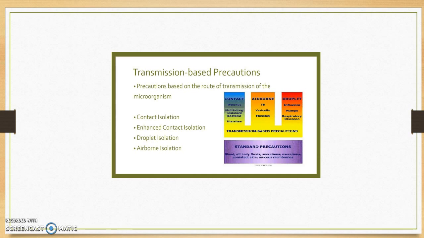And airborne isolation. Airborne precautions are used for patients known or suspected to be infected with pathogens transmitted by the airborne route. Example narito yung tuberculosis, measles, chickenpox, etc.